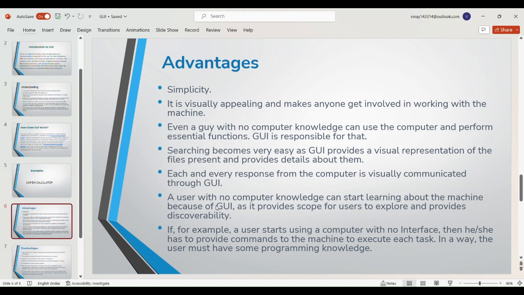If, for example, a user starts using a computer with no interface, then he or she has to provide commands to the machine to execute each task. In a way, the user must have some programming knowledge. That is the main advantage of the GUI.